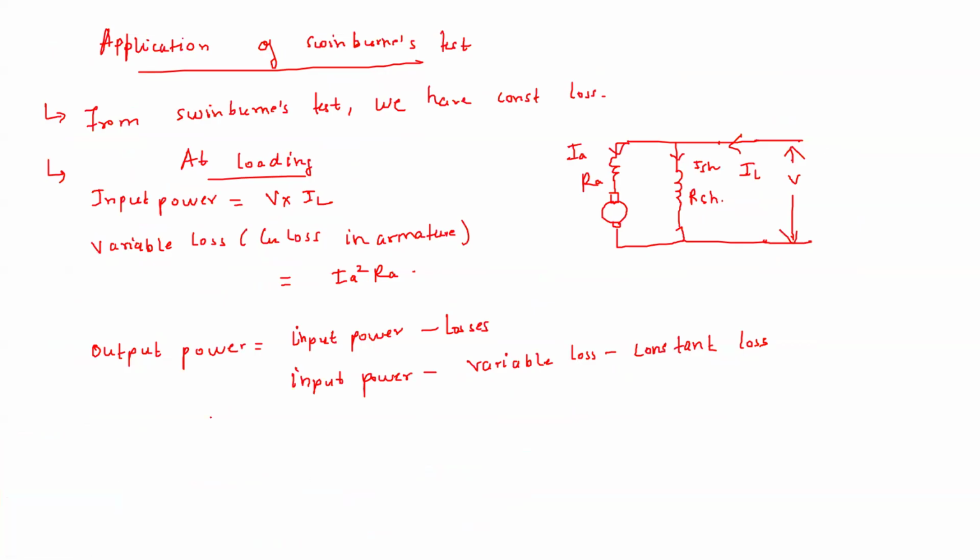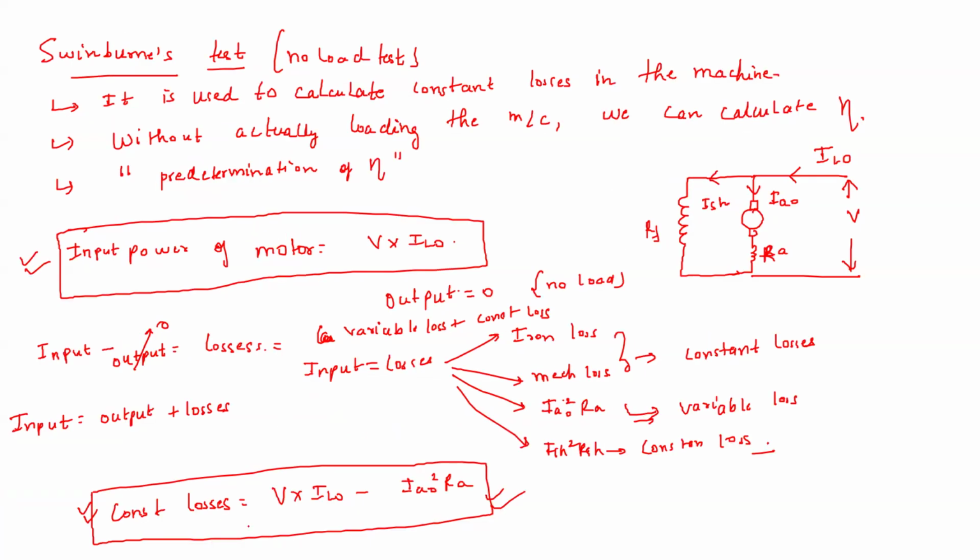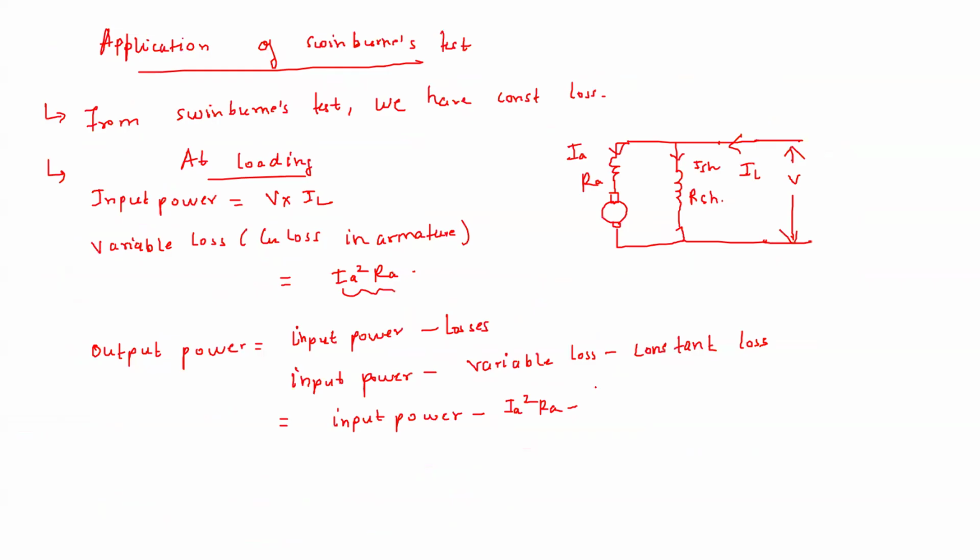So this is the situation. Here we can get it like this: input power minus variable loss from loading, so IA square RA, and constant losses from the previous case. Constant losses is nothing but V into IL0 minus IA0 square RA.